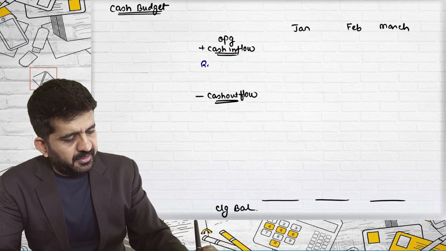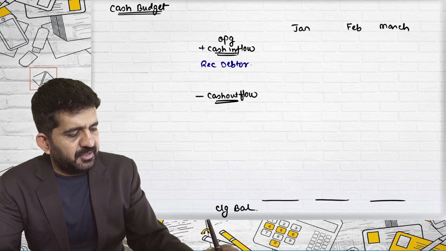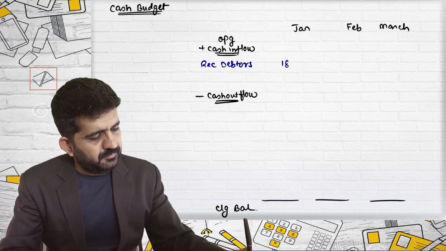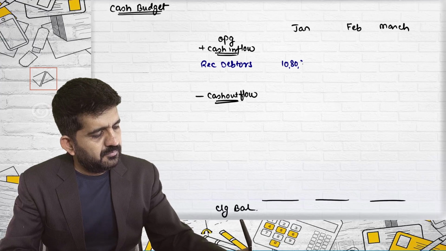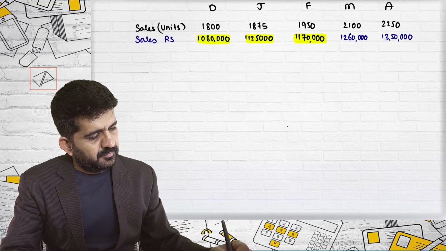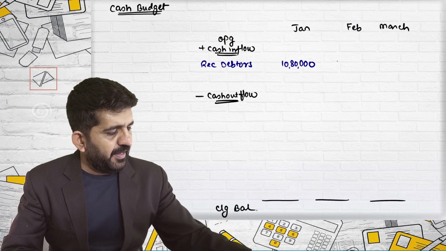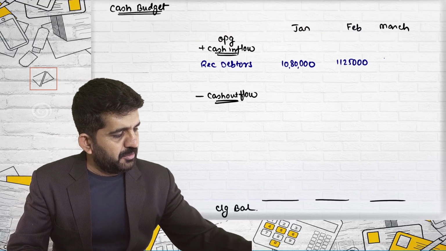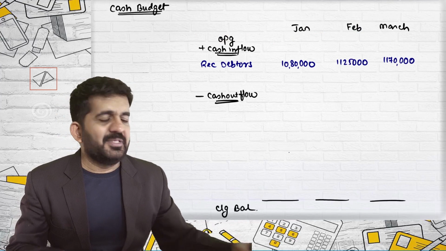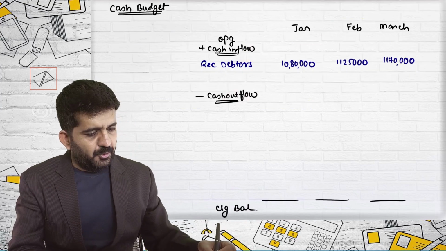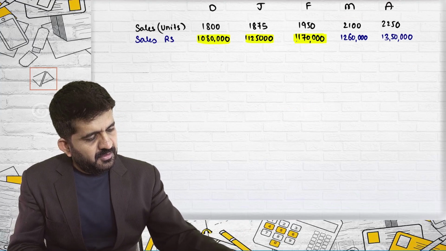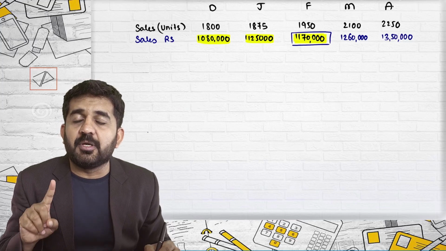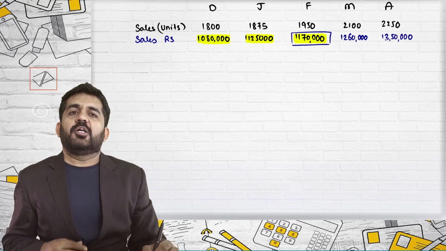It is receipt from debtors. 10,80,000 for Jan, 11,25,000 Feb, 11,70,000 March. I'm not making any mistake, right? 11,70,000 I have written in March, because they are credit sales of February. The money will be received after 1 month, that is in March.